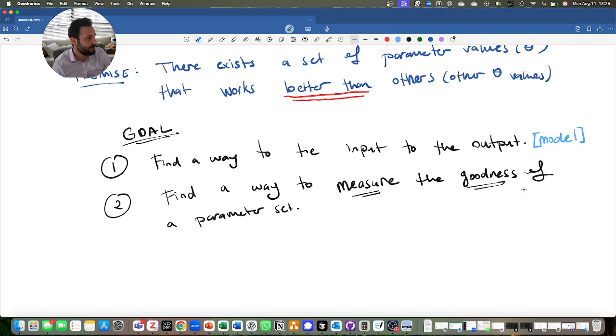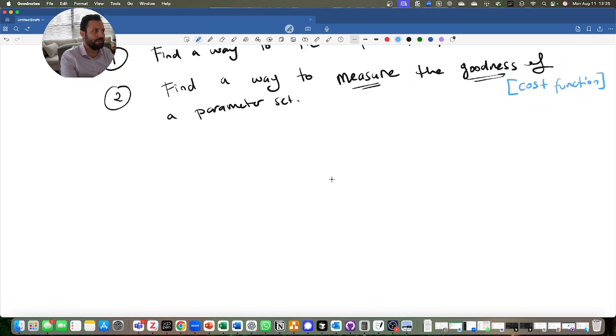And the second one, we have a name for this, and we're going to call it a cost, or specifically speaking, a cost function. So what we want to do is to establish a cost function.